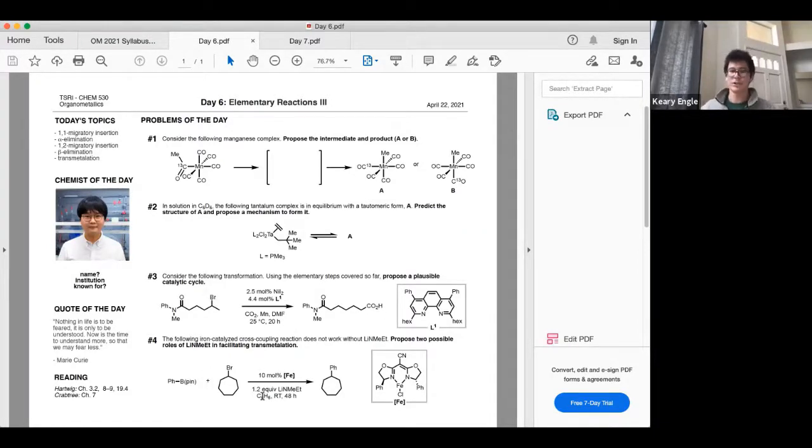Iron catalyzed Suzuki type cross-coupling, alkyl aryl coupling. And they have this observation that this reaction does not work without the lithium amide base. So what's going on here? Could you provide one or two explanations that would be consistent with this? Feng, what do you think?